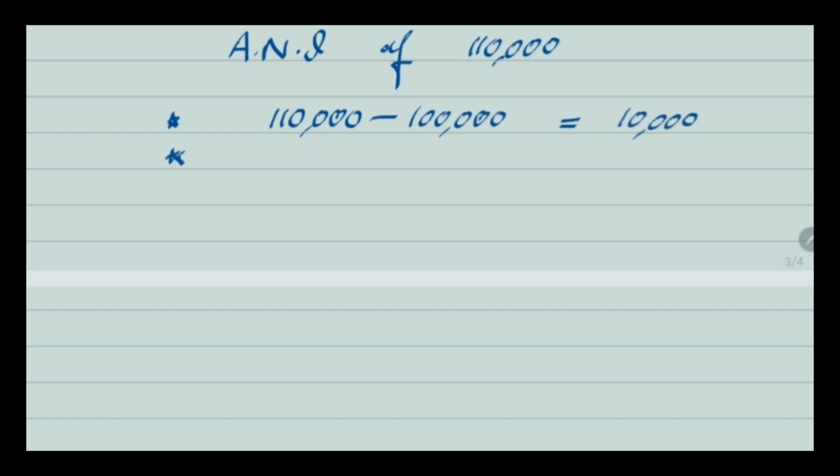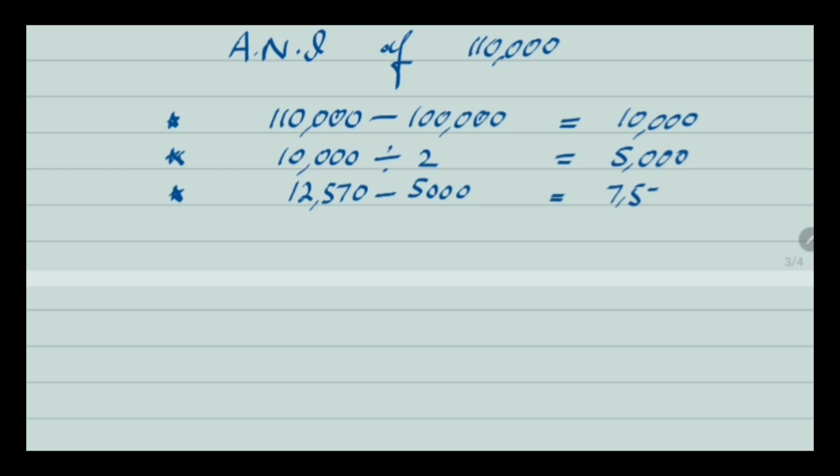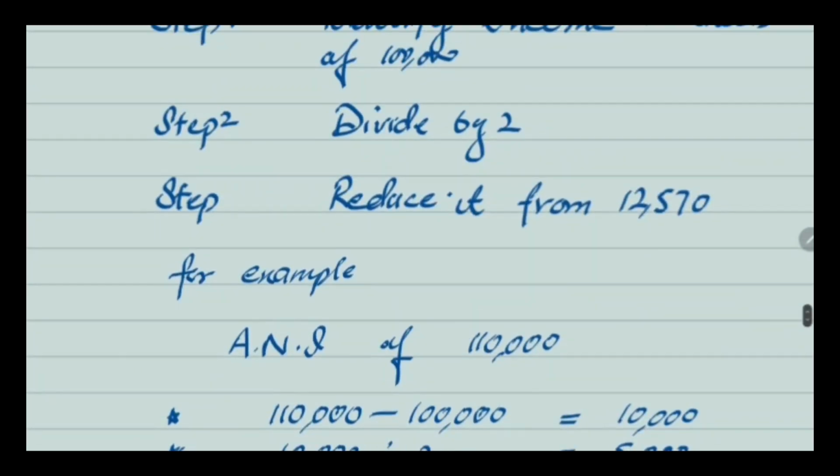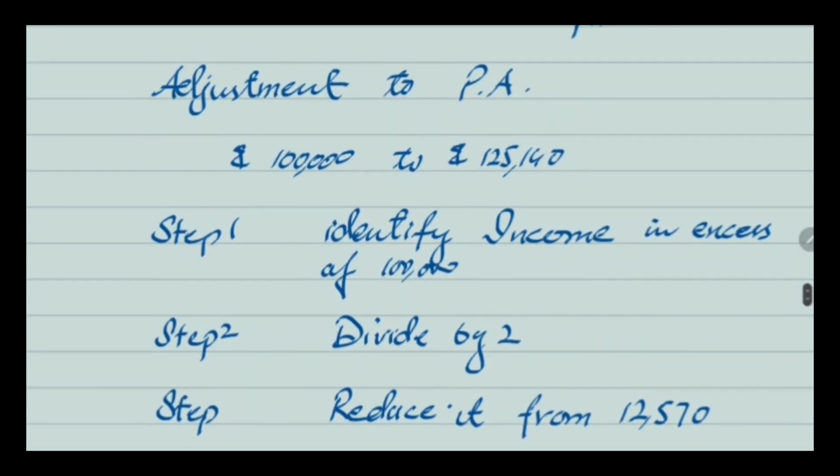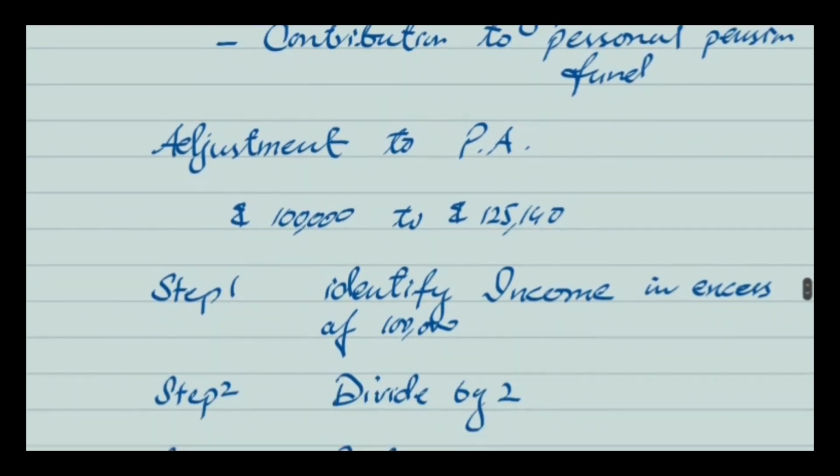In the second step, we divide it by 2, so 10,000 divided by 2 gives you 5,000. In the third step, you reduce this 5,000 from the personal allowance amount. 12,570 minus 5,000 is equal to 7,570.